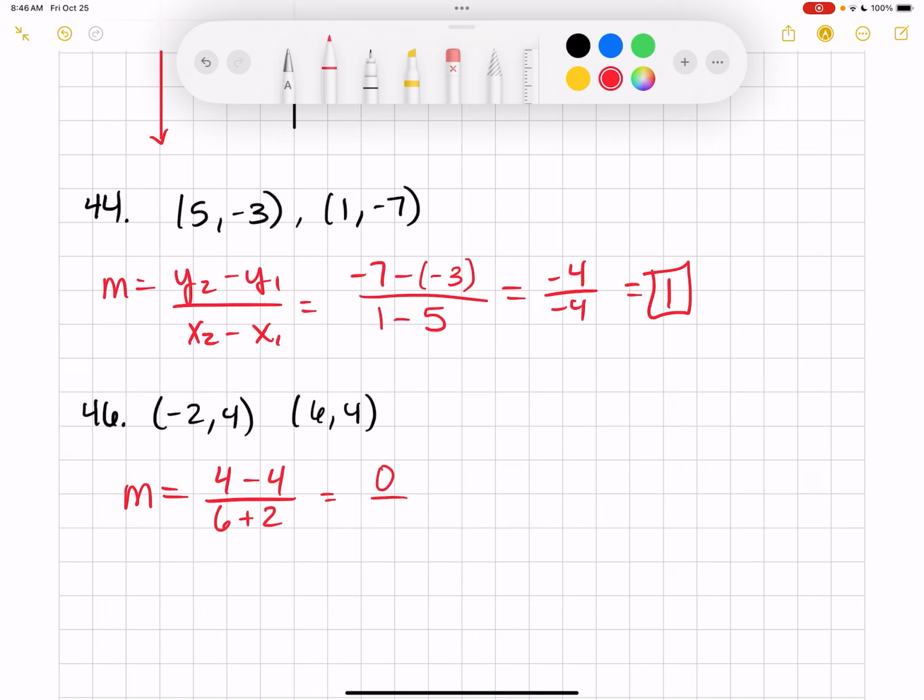So I would get 0 over 8, and what does that mean? Undefined? Actually, the slope is 0. If the 0 is in the denominator, then it's undefined, but this one would just have a 0 slope.